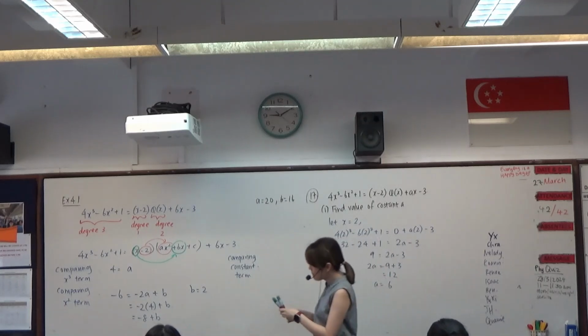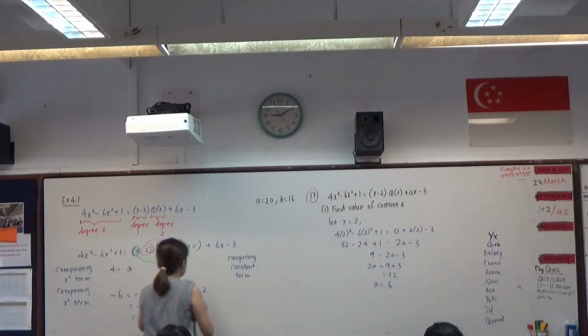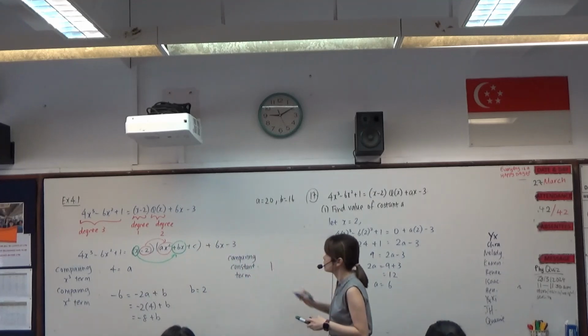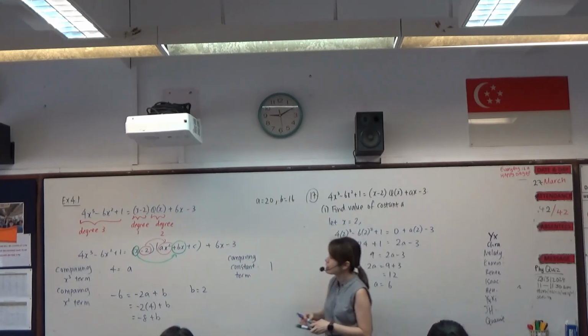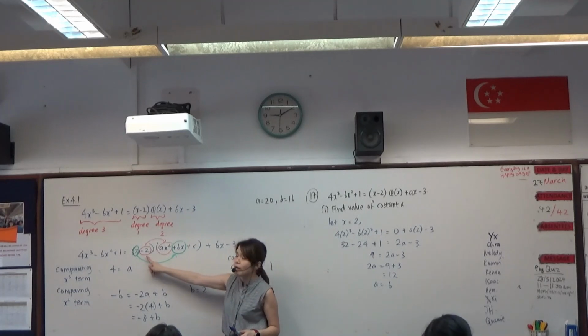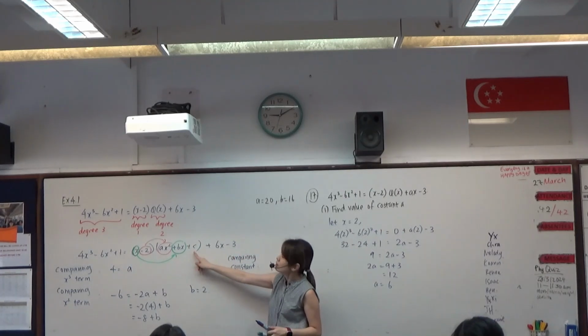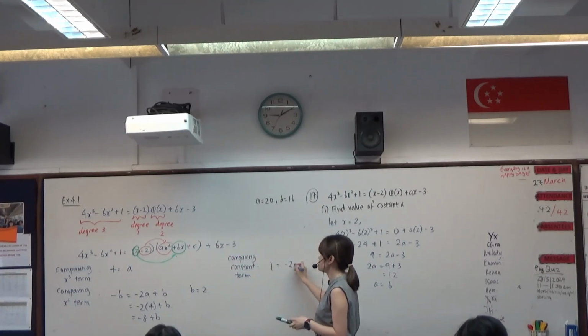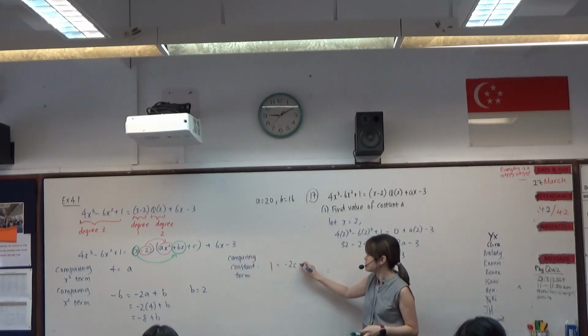Then comparing the constant term, on the left hand side it will be a value of 1. On the right hand side, the constant term is only possible when negative 2 times c, and that is negative 2c. Then not forgetting the minus 3.